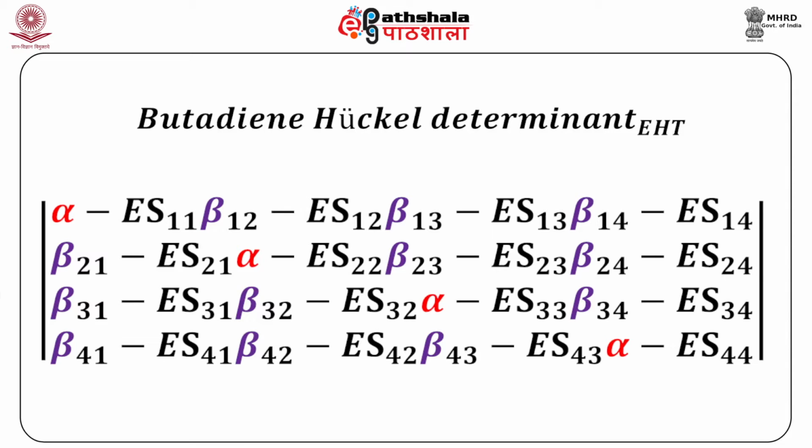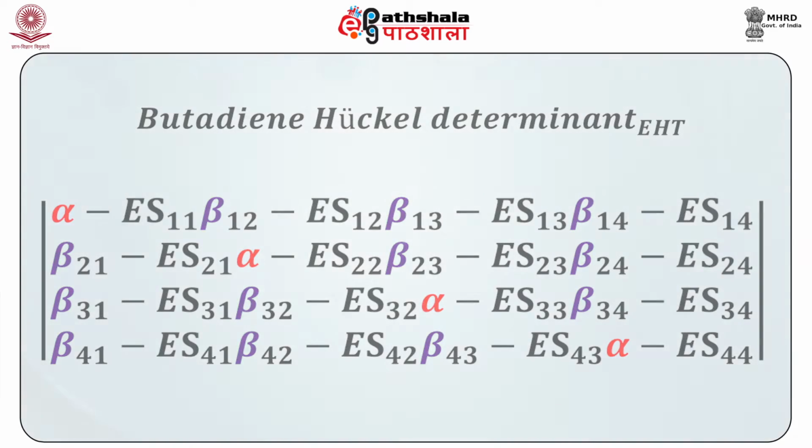Beta 12 is the resonance integral between carbon atoms 1 and 2. Then we have beta 13. Now beta 13 was earlier assumed to be 0. S13 was also assumed to be 0 in the HMO, but here we are taking their values. So it becomes beta 13 minus E S13, and then lastly we have beta 14 minus E S14.